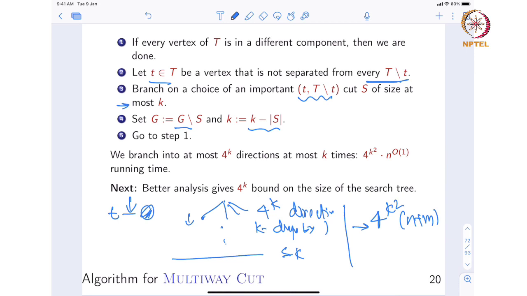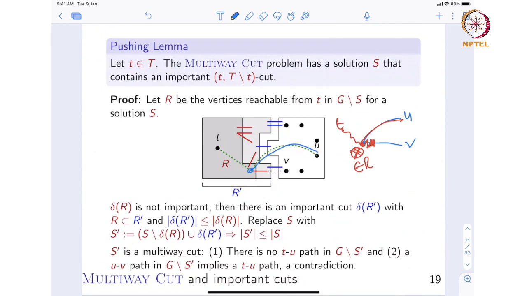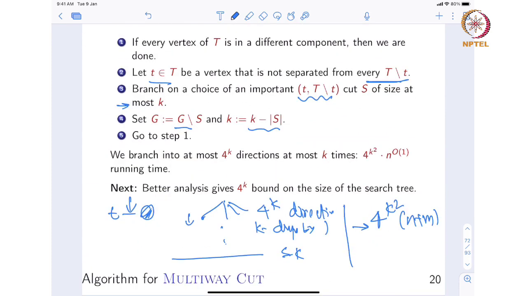You are guaranteed that there exists an optimum solution containing one of the important cuts. You branch through these important cuts, and you delete this set S, and then in the remaining graph you try to cut whatever needs to be cut. And because of my pushing lemma, you know that there is one branch where you are making the correct choices, and hence this will lead to an algorithm.